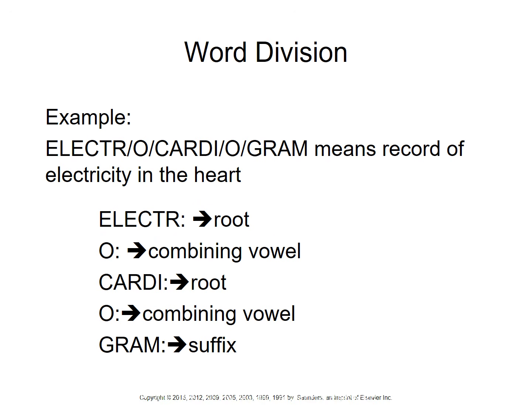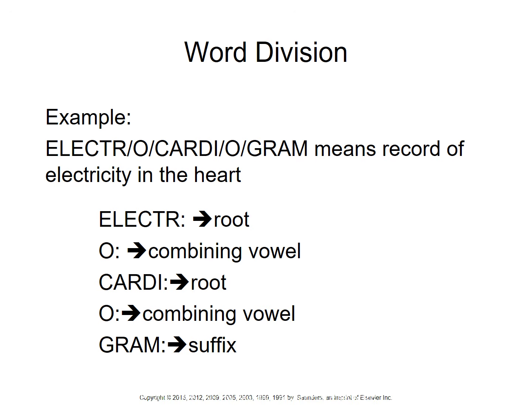So here's another term you may be familiar with: electrocardiogram. Electr is the root, O is the combining vowel, cardi is another root. So sometimes medical terms can have more than one root.